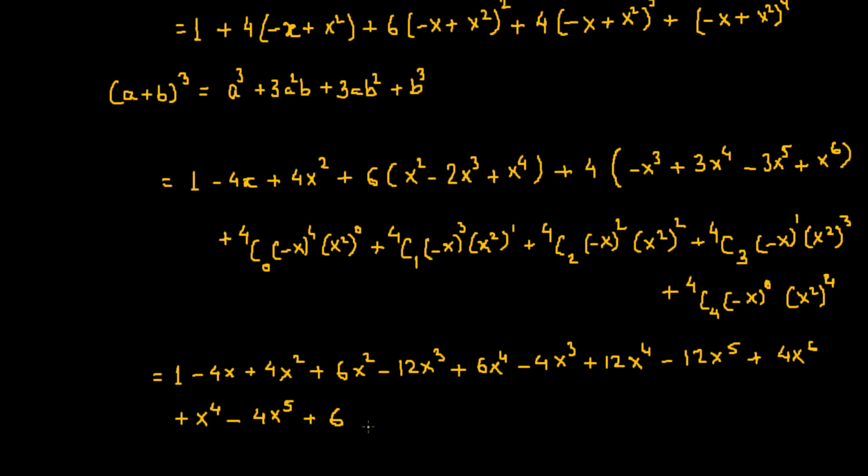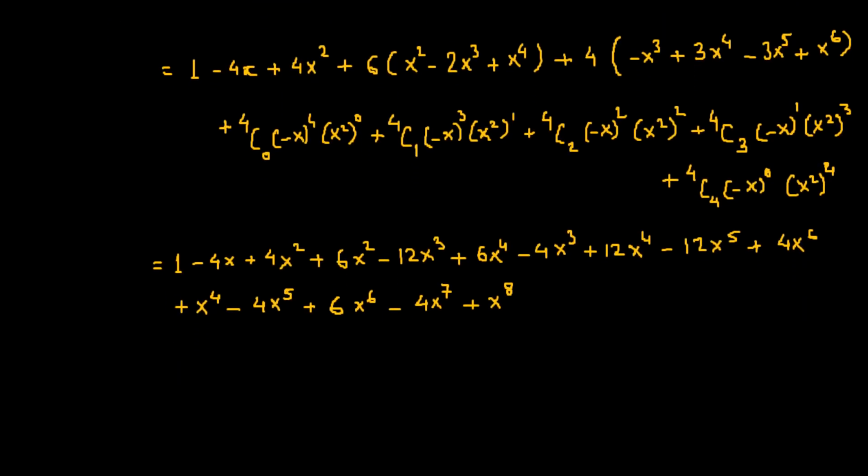So we have 6 times x squared and x raised to the power 4, so that would give us x to the power of 6. Then negative 4c3 is 4, so 4x times x raised to the power of 6, so that is 4x raised to the power of 7, plus 1, so this is x raised to the power of 8.